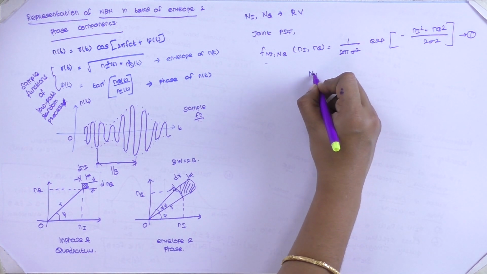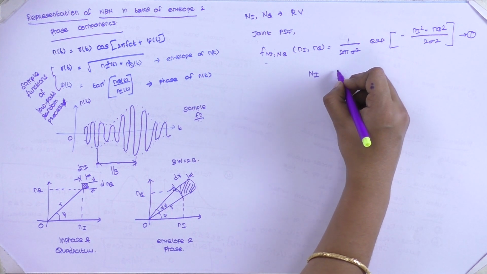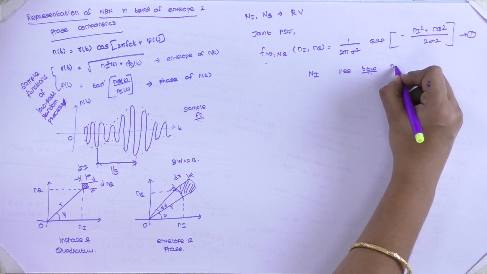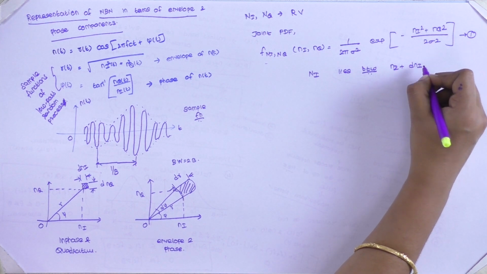It means that our random variable lies between small ni and small ni plus dni.